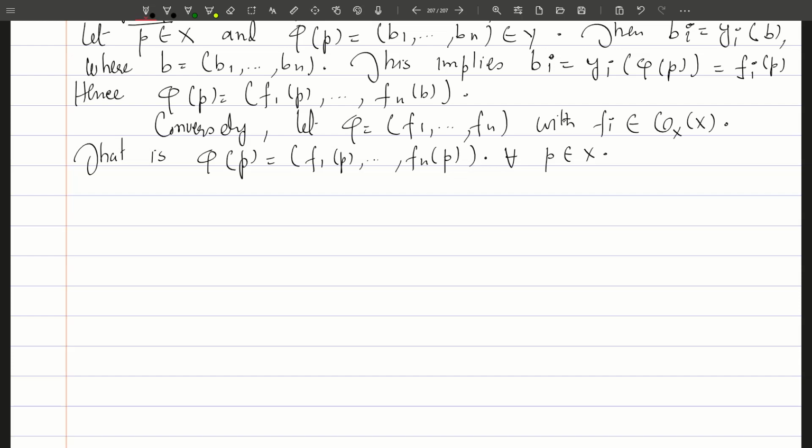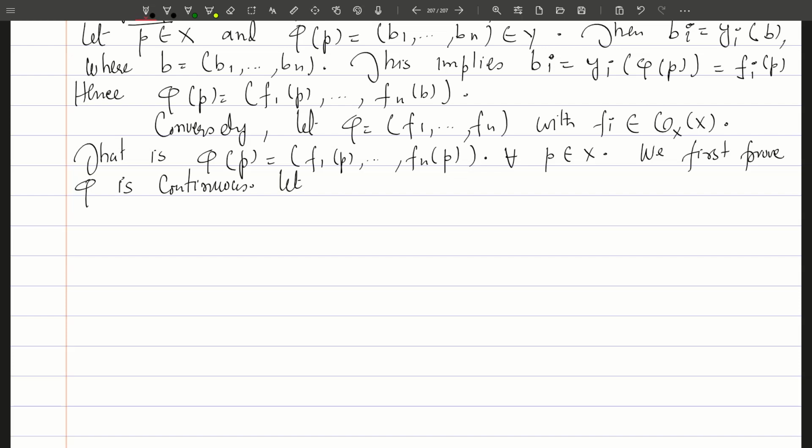So we first prove phi is continuous. Now for that, let us take some closed set inside y.